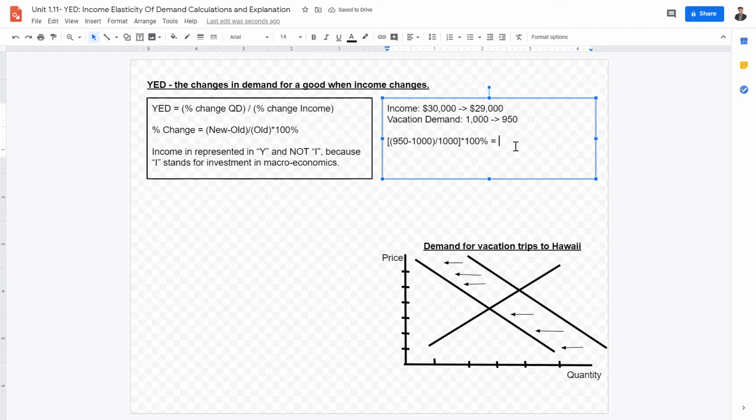So this is the change for vacation demand.